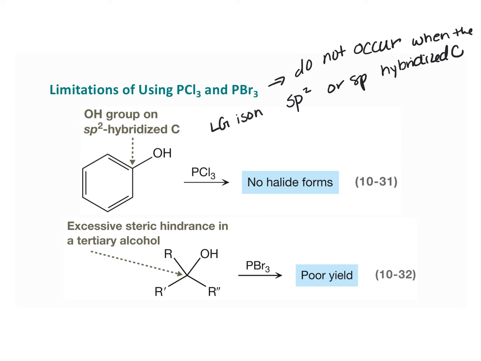The conversion of an alcohol into an alkyl halide with PBr3 or PCl3 only occurs when the OH group is bonded to an sp3 carbon atom.